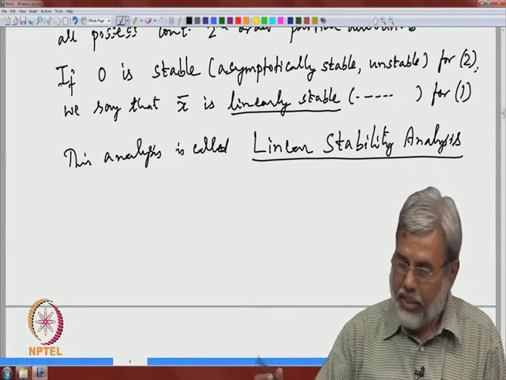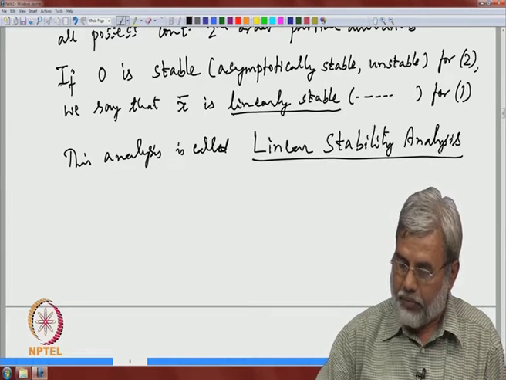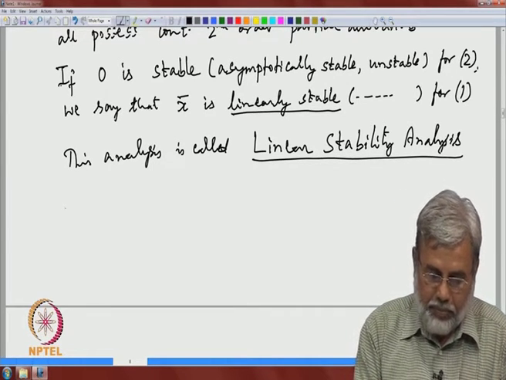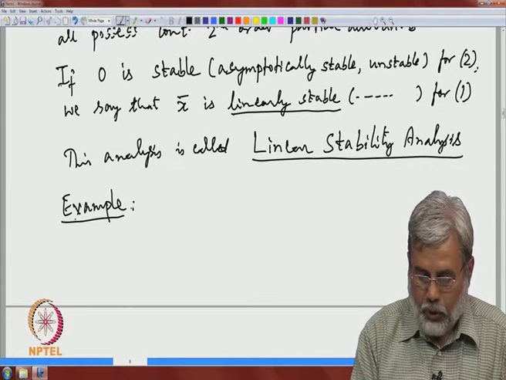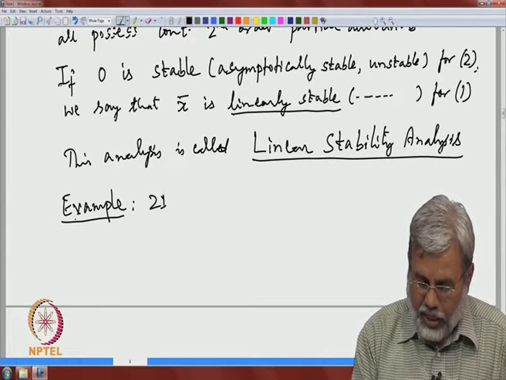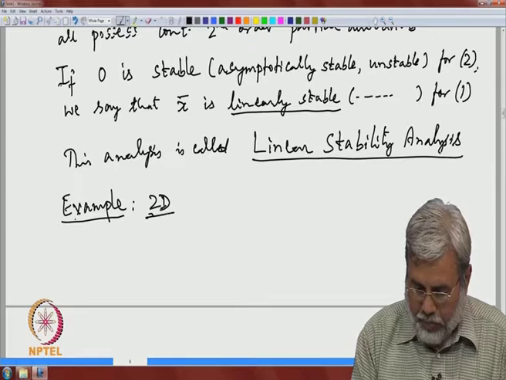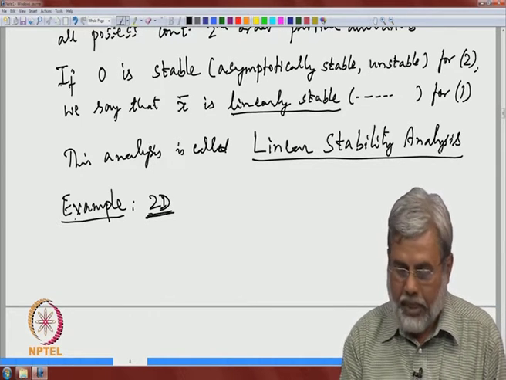Okay. So, just consider one example. So, example before we go on further. So, 2D. So, now hereafter the most examples will be 2D.